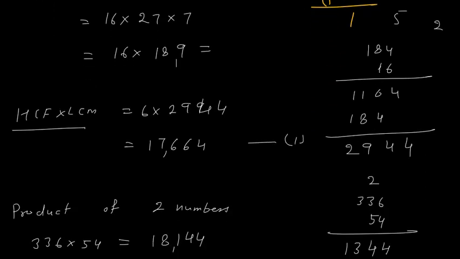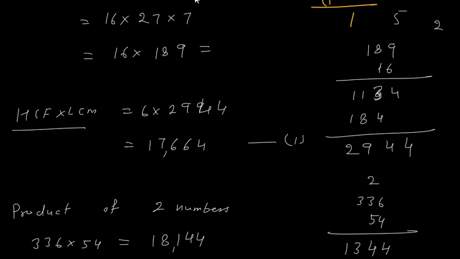Okay, now if I multiply by 16, this 189. So 6 nines are 54. 6 eights are 48, 48 plus 5, 53. So I get 3 here.